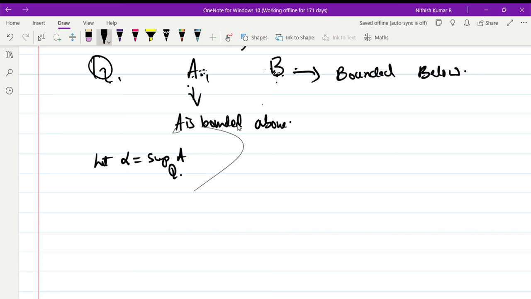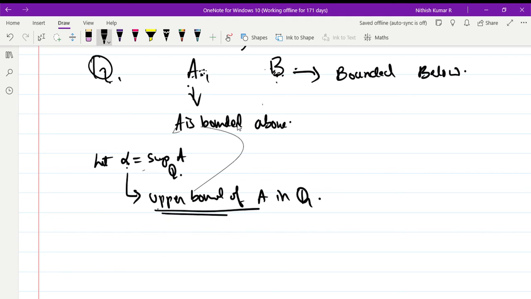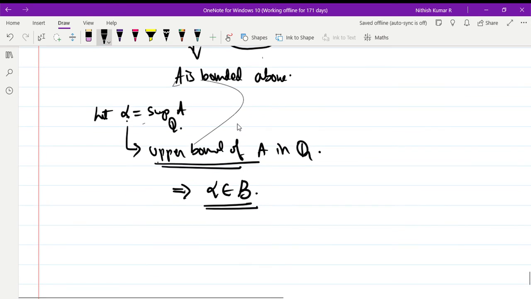Now this implies alpha is an upper bound of A in Q. Alpha is the supremum of A over Q, and therefore alpha is an upper bound of A, and we know that B is the set of all upper bounds of A. This implies my alpha belongs to B. Now in B we have a property, B has no smallest element.